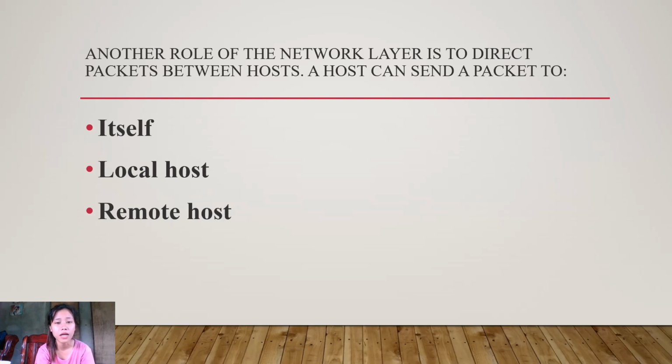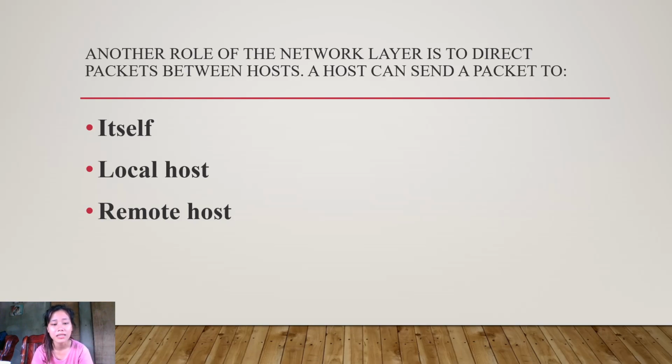Another role of the network layer is to direct packets between hosts. A host can send a packet to itself, a local host, or a remote host. A host can ping itself by sending a packet to the special IPv4 address 127.0.0.1, which is referred to as the loopback interface.